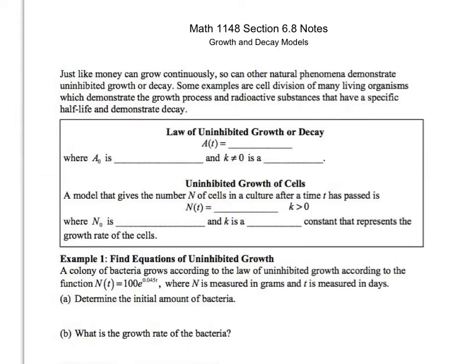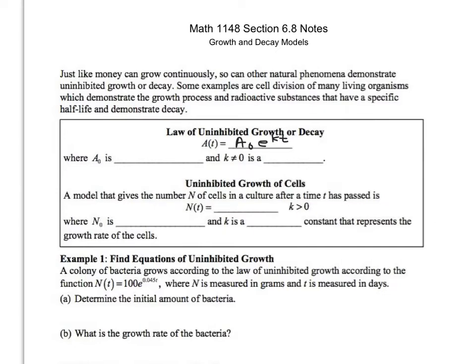The law of uninhibited growth or decay is simply going to be A of t, so some amount for some given time, is equal to A of 0 e to the kt. So we have to know what all these things are. We know what e is. e is our special number, the base of our natural logarithm.